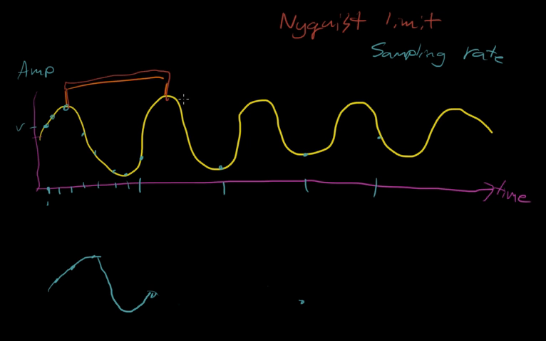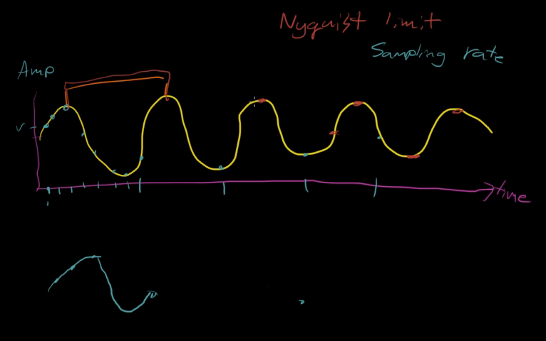Because if you only sampled here and then here and then here, you would get a straight line. If you sampled 3/5 as fast as the wavelength, then you would get weird dots crawling around.